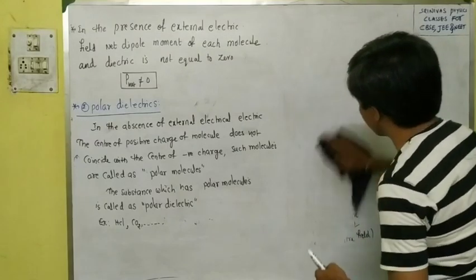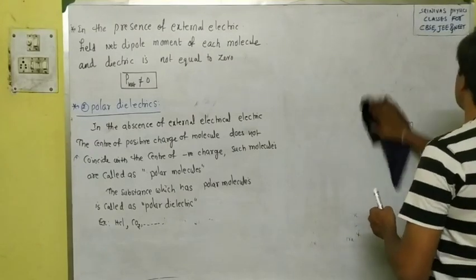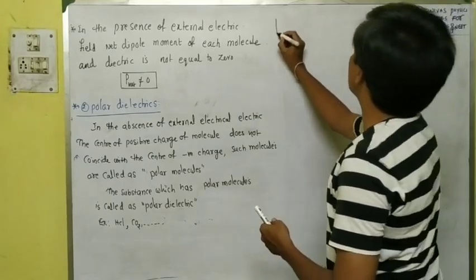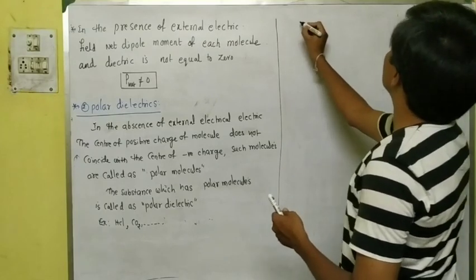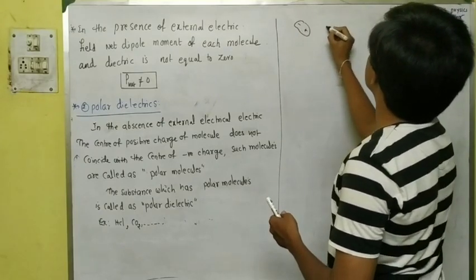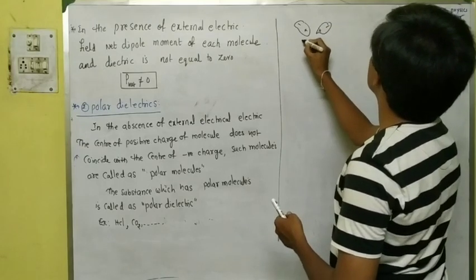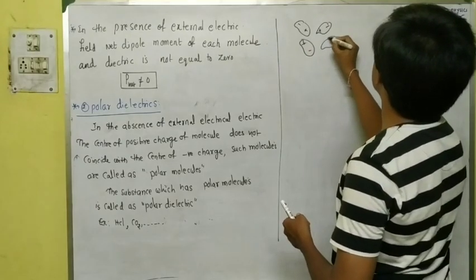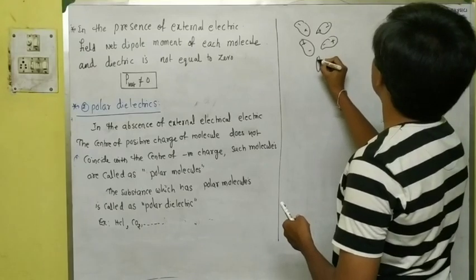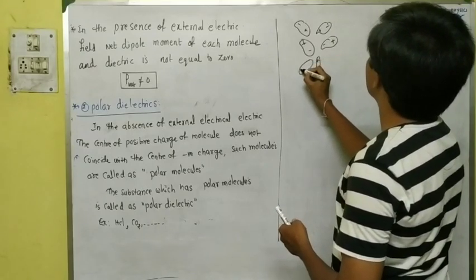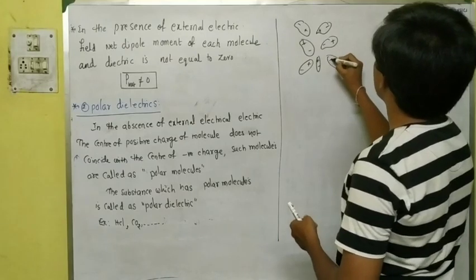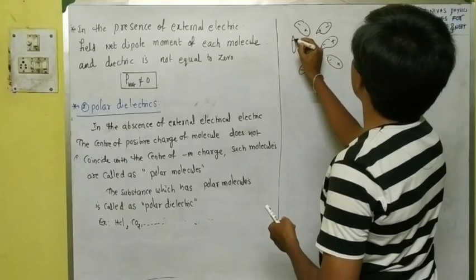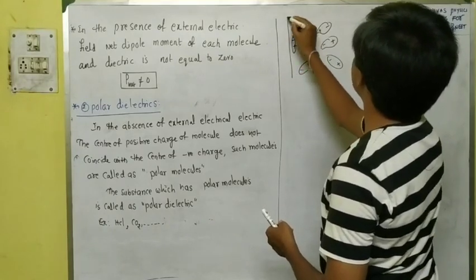In case of polar molecules, in the absence of external electric field, there is some separation between the positive and negative charge centers, right? And let us see, it will be like this. This is minus plus, this is plus minus, this is plus minus, and this is minus plus, like this.